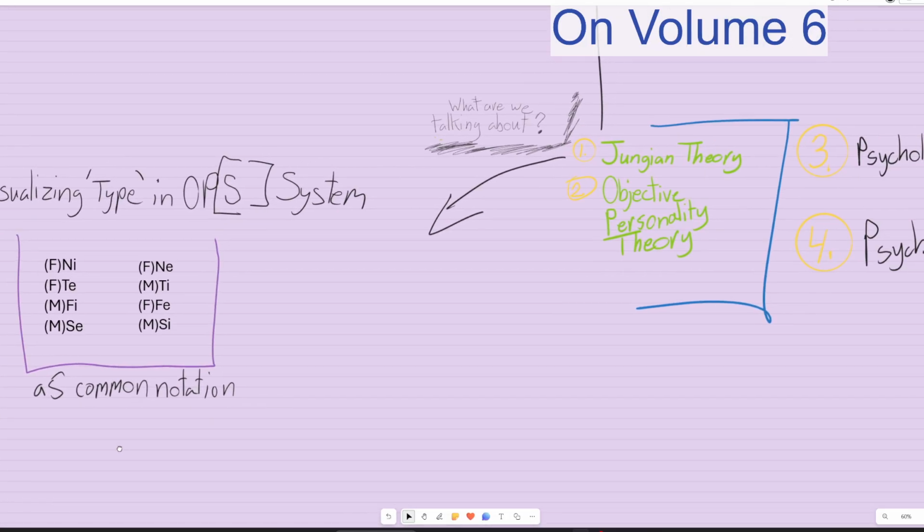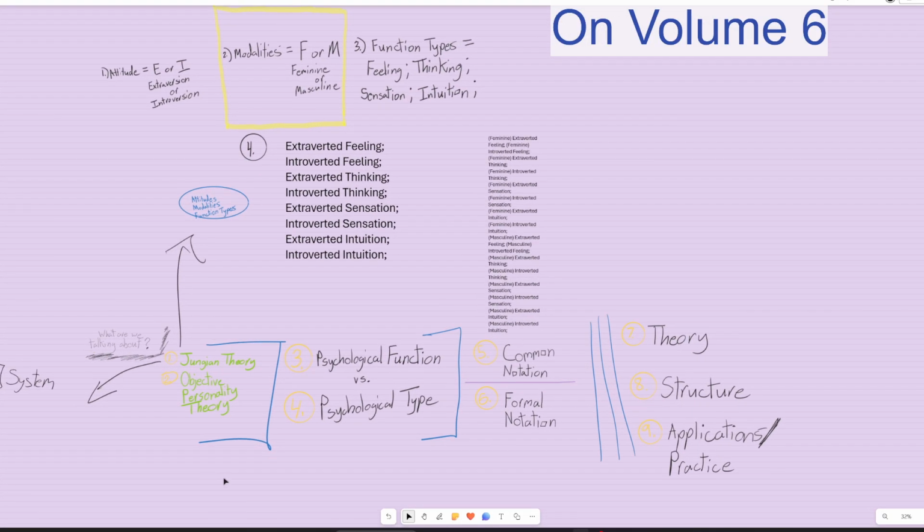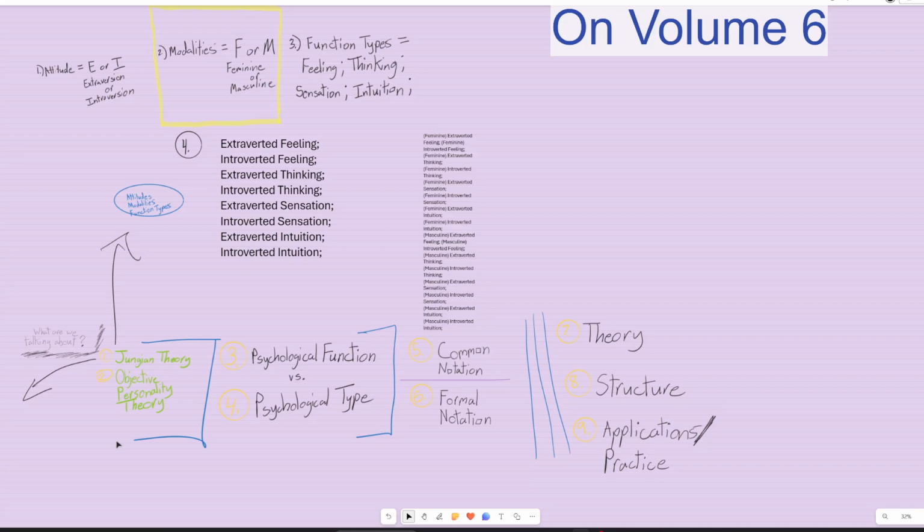So yeah, I don't have much more to say. Psychological functions, psychological types.